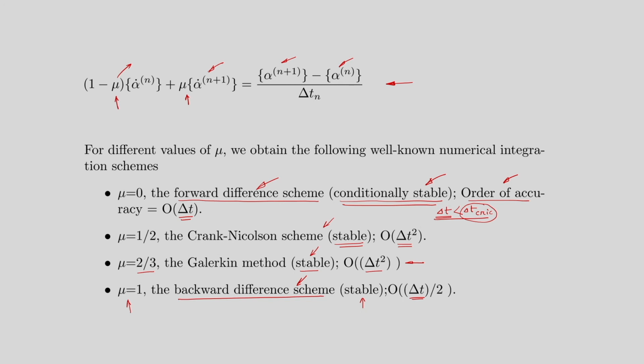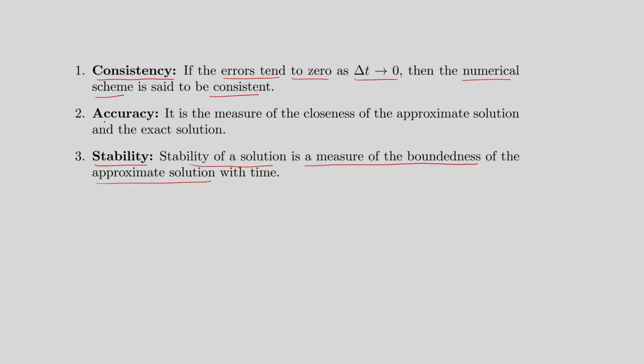But does that mean that, starting from t naught, I can obtain the solution directly at Tn? It is not so. Why? Because in that case your solution will be inaccurate. So, what is accuracy? Accuracy is the measure of closeness between the approximate solution and the exact solution.